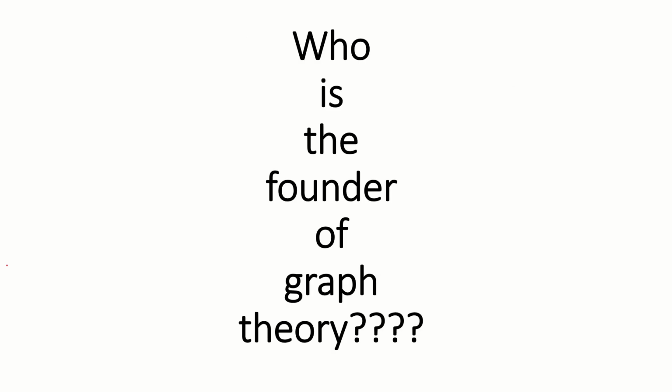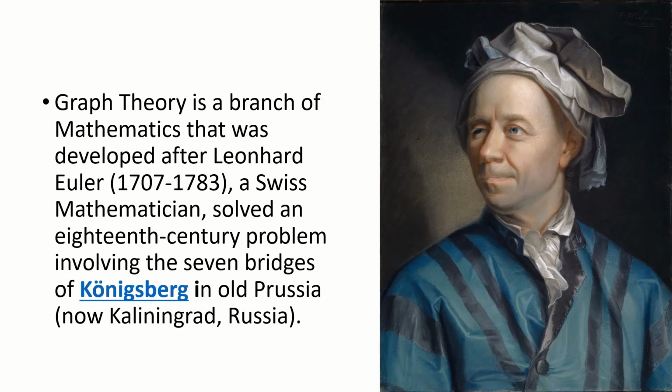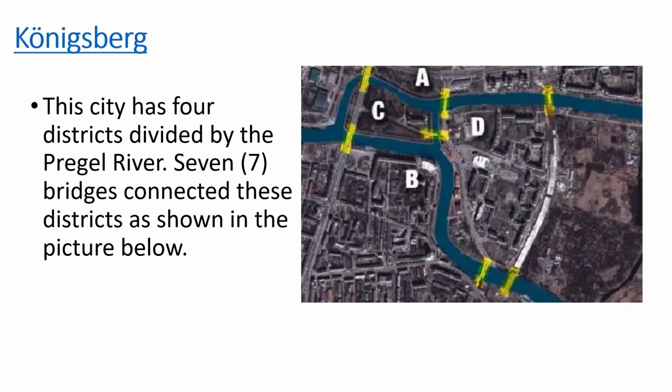Now who is the founder of graph theory? Now graph theory is a branch of mathematics that was developed after Leonhard Euler. He is a Swiss mathematician. He solved an 18th century problem involving the seven bridges of Königsberg in Old Prussia, now Kaliningrad, Russia.